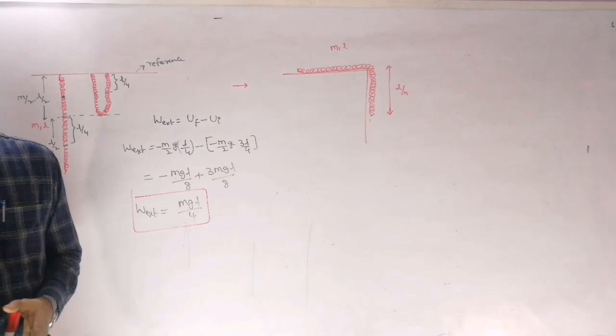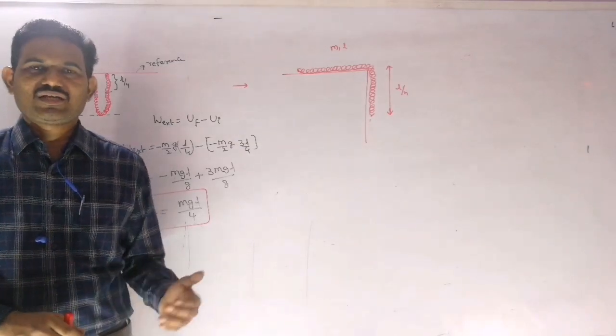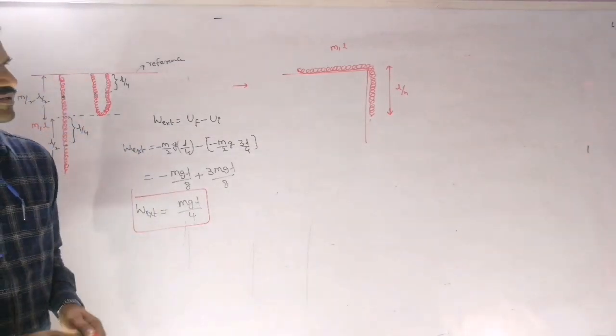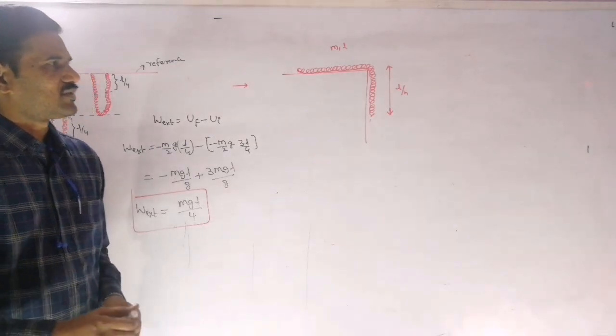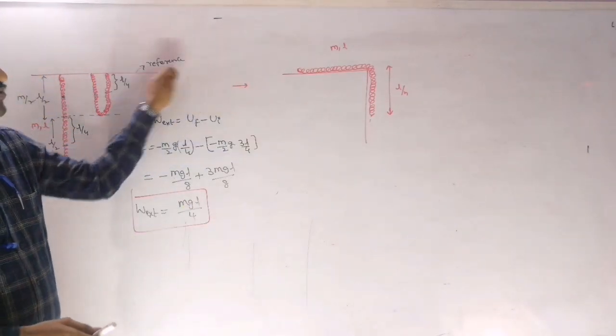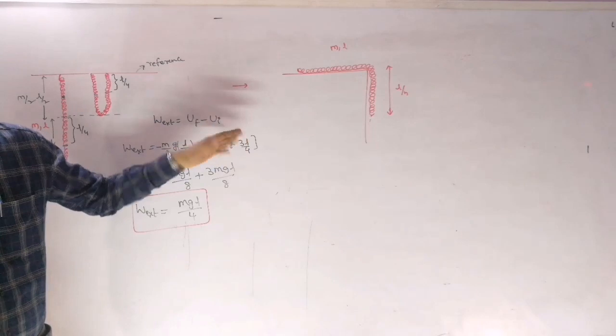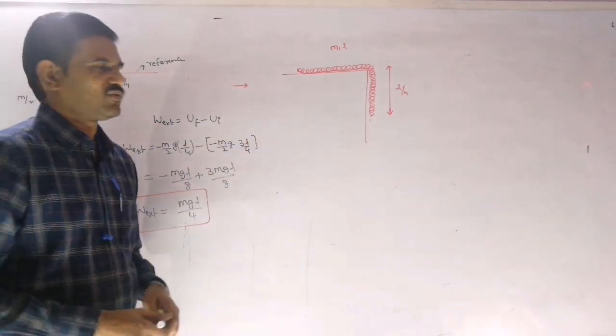The amount of work done in placing the total chain onto the table is given by. That means we want to pull the total chain onto the table slowly. All these cases are slowly only.